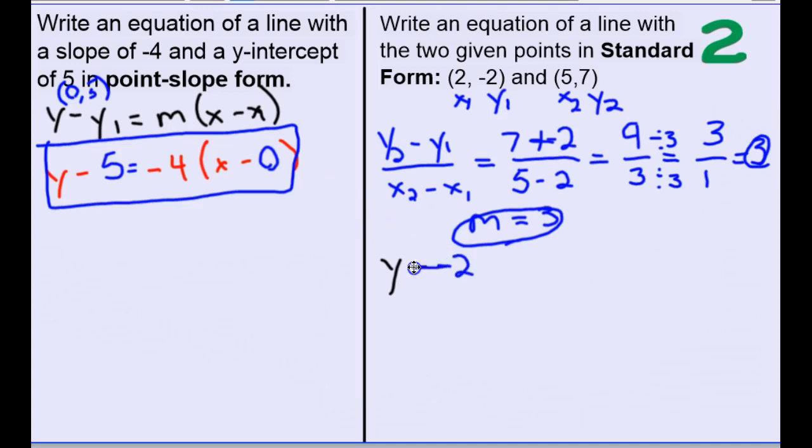Two negatives in a row make a positive. Equals our m, which we found out was 3, times x minus our x1, and we said our x1 was 2.